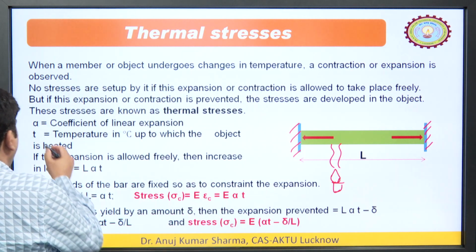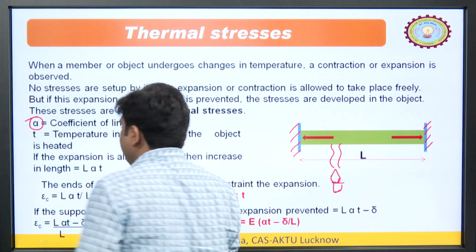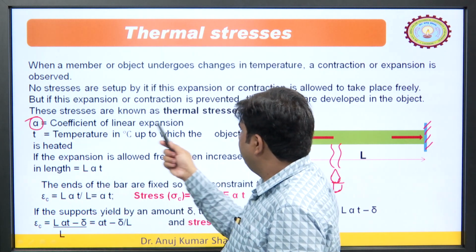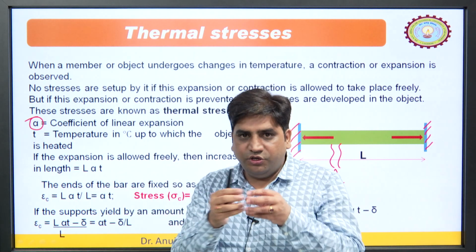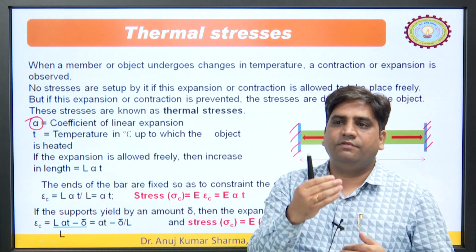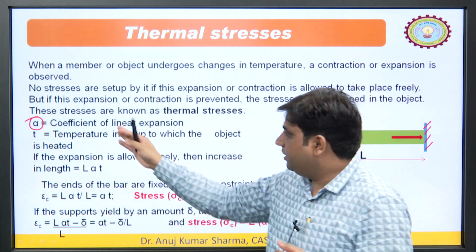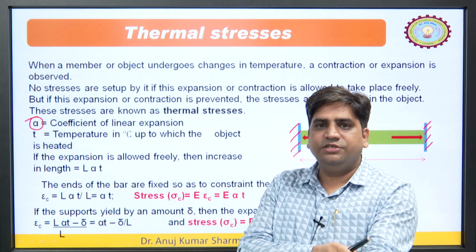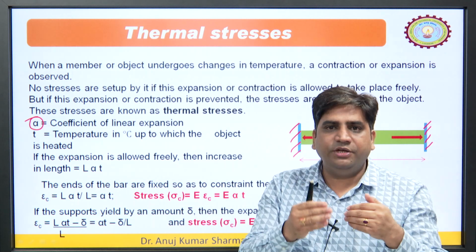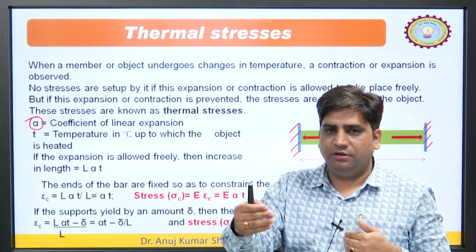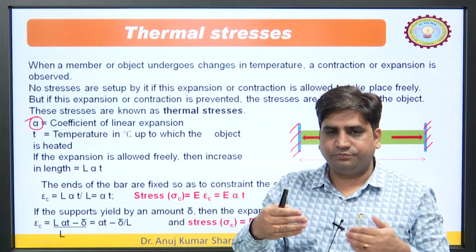So, here the important role is this. Alpha is the coefficient of linear expansion, meaning for unit length, for unit degree of increment of temperature it increases the length. So, alpha is the change in length per unit degree per unit length of the object.